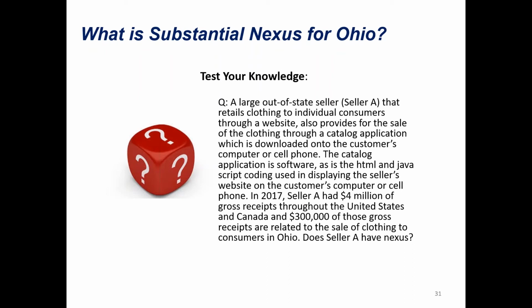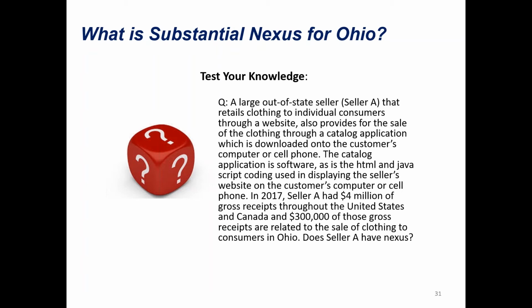So I'm going to take a step back right now and talk about testing your knowledge. A large out-of-state seller, Seller A, sells retail clothing to individual consumers through a website. They also provide the clothing in a catalog application that can be downloaded onto the customer's computer or cell phone. The catalog application is considered software.